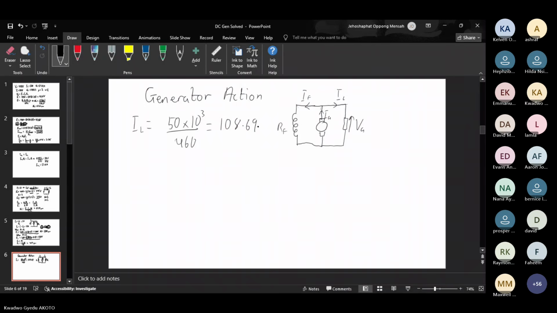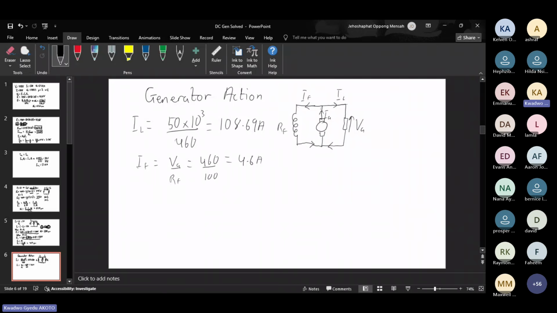And then our field current IF is going to be VA on RF. RF has been given. So VA on RF, we have 460 on 100. So IF is 4.6 amps, right?